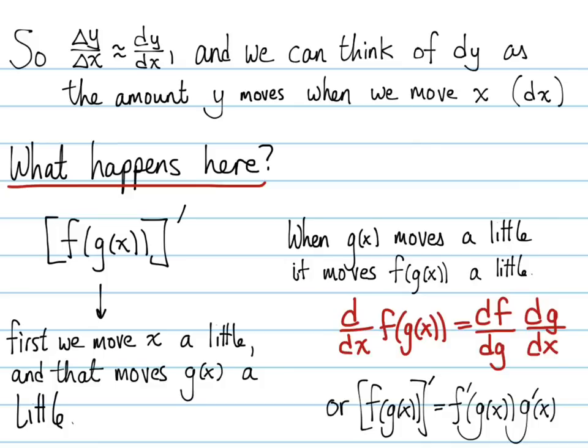Well, that's the amount g moves when we move x, compounded with the fact that when we move g, it moves f. And the way we write that gives us the chain rule: f of g of x prime is f prime of g of x times g prime of x.